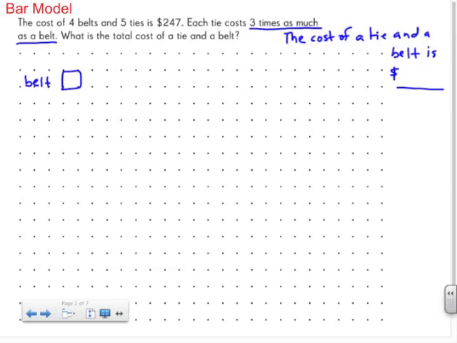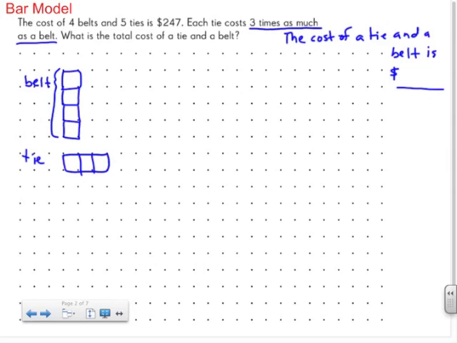Well, I bought 4 belts. So I've got 1, 2, 3, 4 of those. And I have 5 ties, but each tie is 3 times as much as a belt. So if a belt is 1 box, then a tie is going to be 3 boxes.